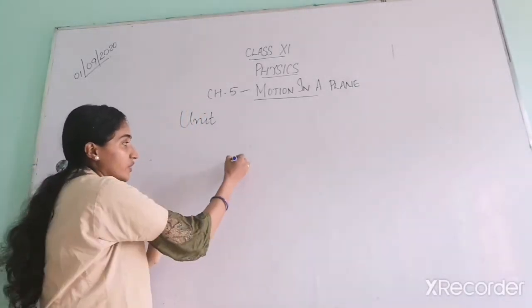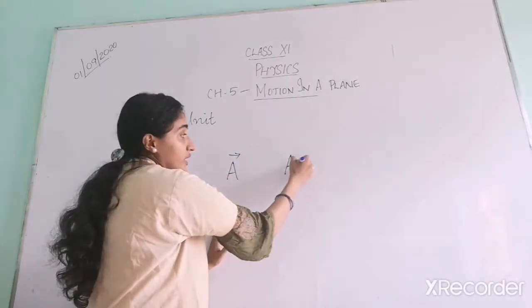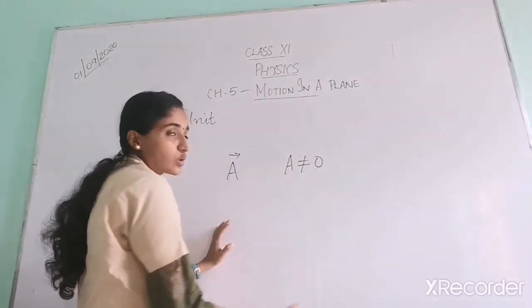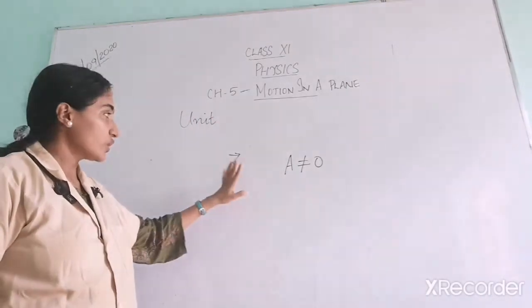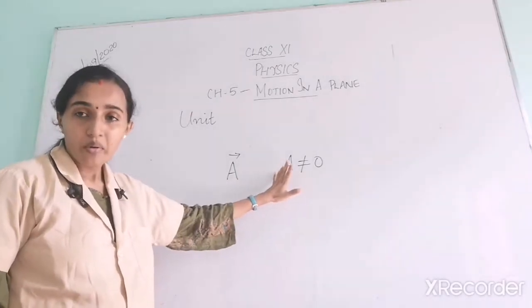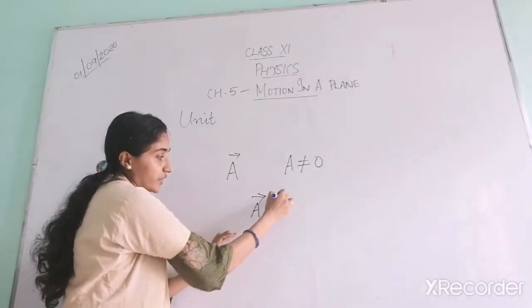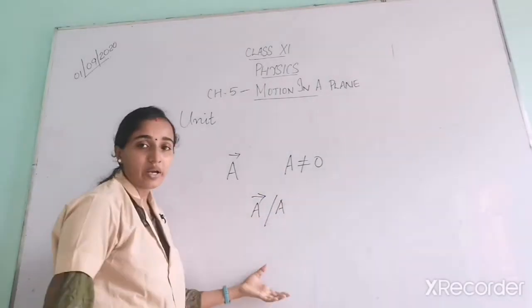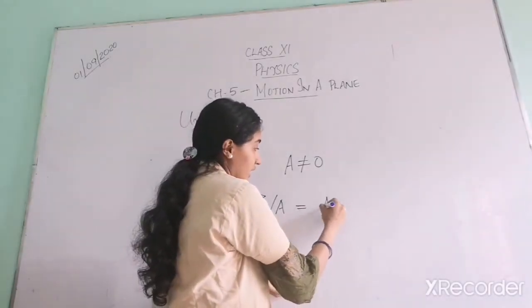Suppose you have a vector A whose magnitude should be non-zero, so that only then it can become unity. Then vector A divided by its magnitude A will give you a unit vector A.